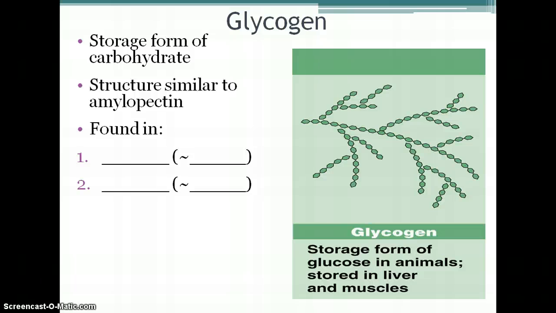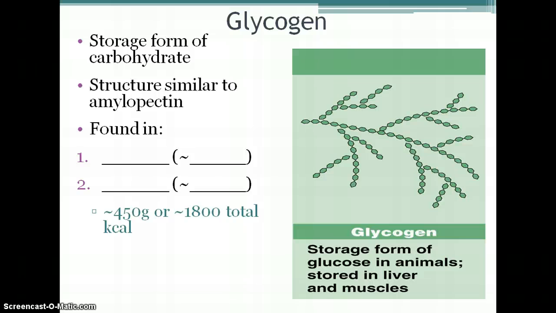As you see, it has a structure similar to amylopectin in that it's highly branched. And glycogen is found in two places of the human body, liver and muscle. Our livers have about 100 grams, and muscles in the vicinity of 250 grams or more. 350 grams or more. So we have, on average, the average person has a total of about 1,800 calories.